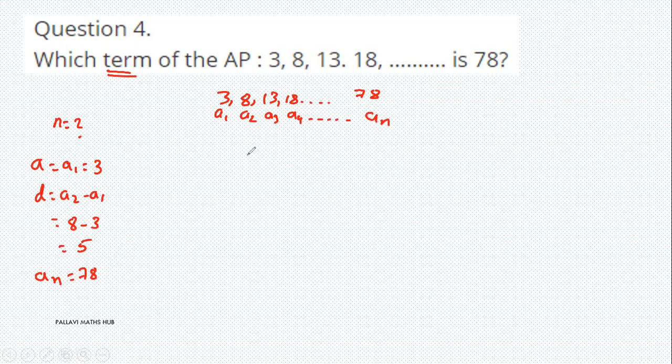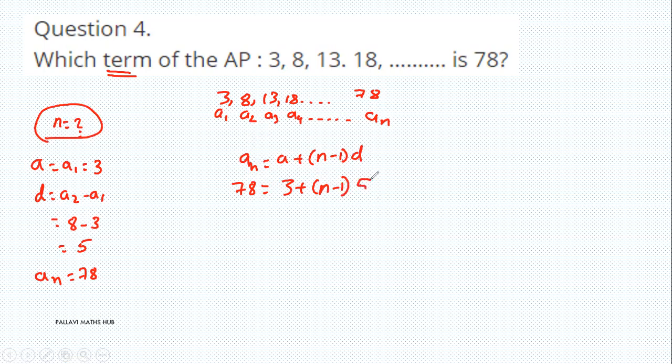We know the formula AN is equal to A plus N minus 1 into D. The value of AN is 78 is equal to the value of A, which is 3, plus N minus 1 into D. You need to find the value of N. D is 5.